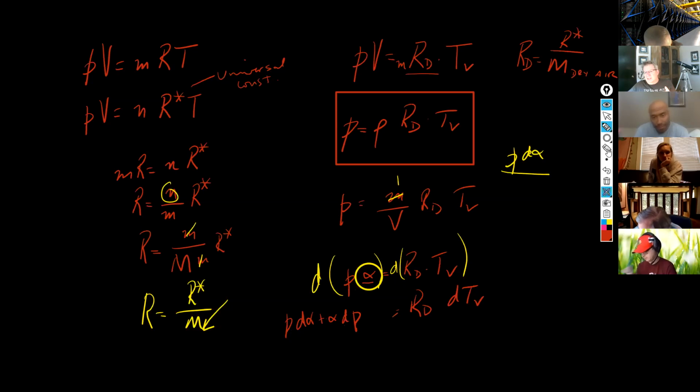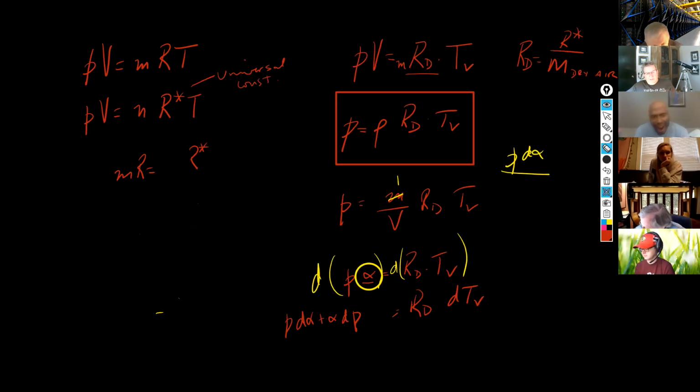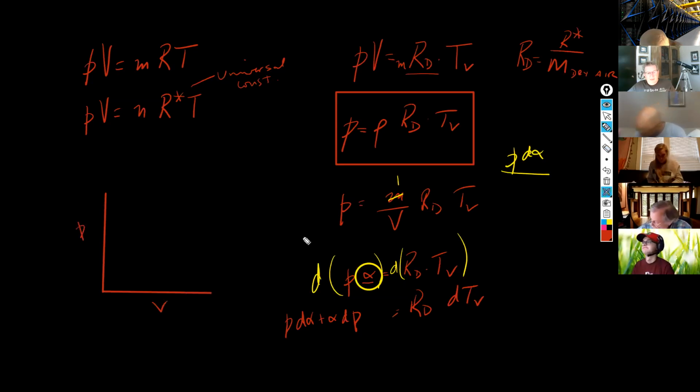when I see this, here's what I'm thinking in my mind. Let me get rid of this for a second. I would think two different graphs. One of them would be P with V. If the volume gets bigger, what does the pressure become? Smaller. So I'm going to have this type of graph.